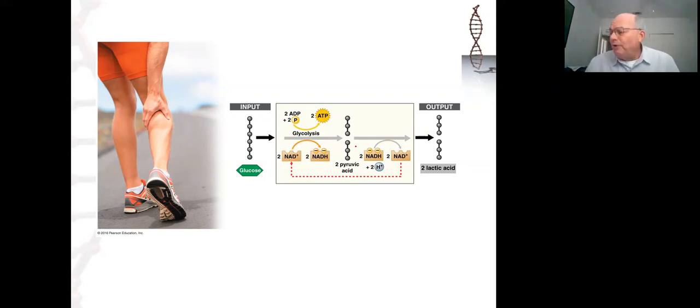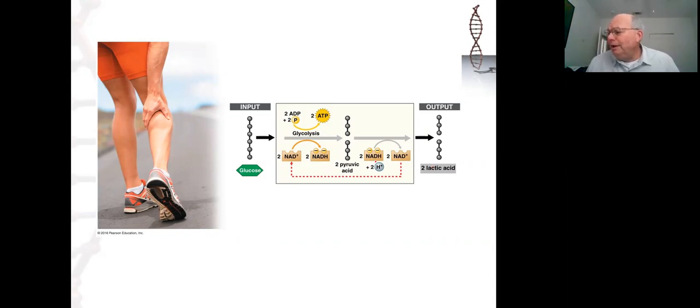So we get the pyruvate, but instead of the pyruvate passing on into the mitochondria, it stays in the cytoplasm and it is itself reduced to lactic acid. But of course, if you do a reduction, you need an oxidation. You need a source of electrons. That means you need an oxidation. You can't have one without the other, as we keep talking about.